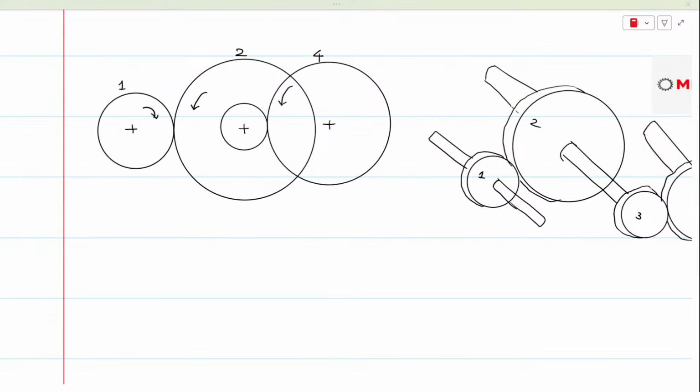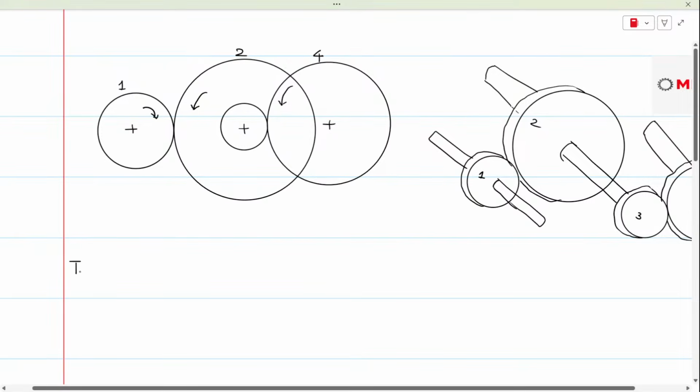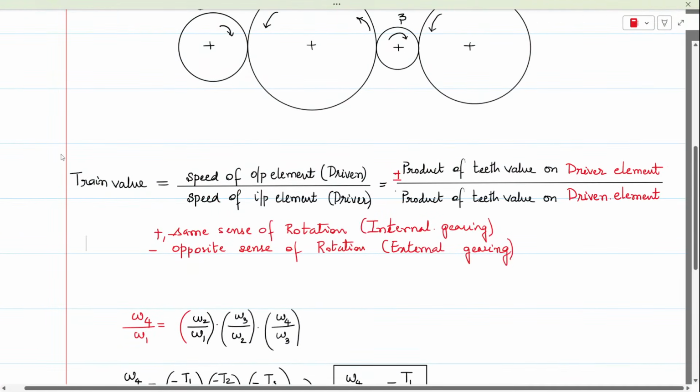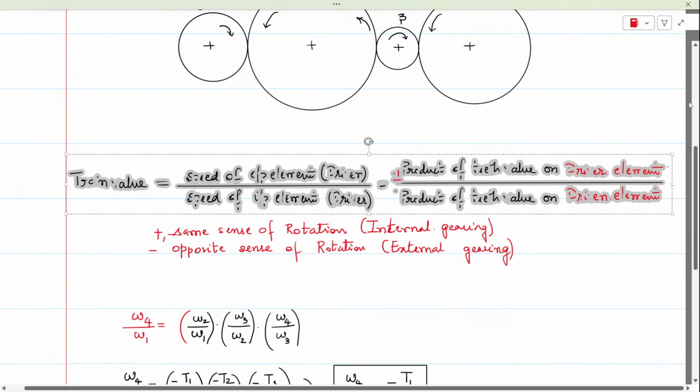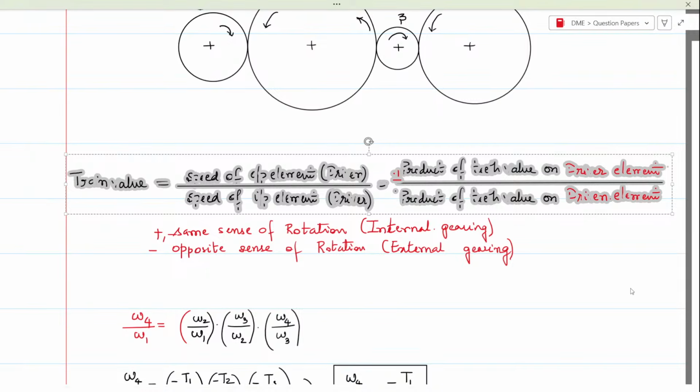Now once again you can try to write the train value, the same formula. Let me copy that. The same formula will be there.